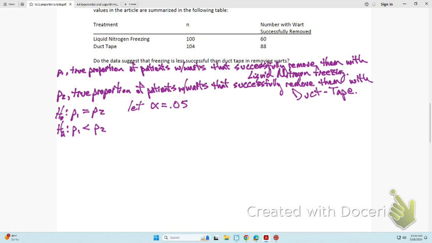We don't have random samples, but we do have random assignment. I have no idea why one group is 100 and the other is 104. Maybe 4 subjects bowed out for whatever reason mid-experiment. I don't know. They don't have to be equal though. Don't worry about that.